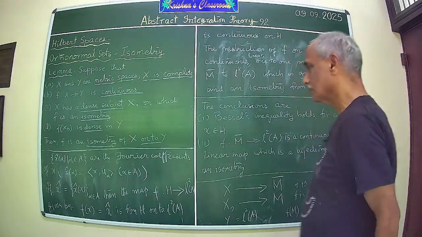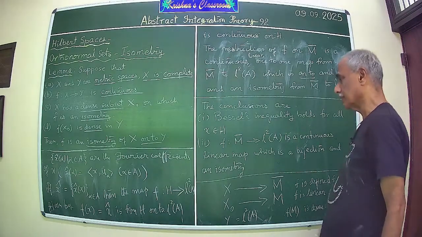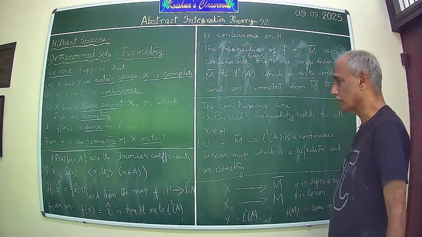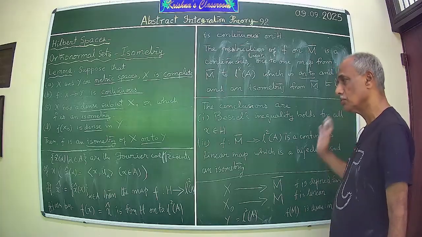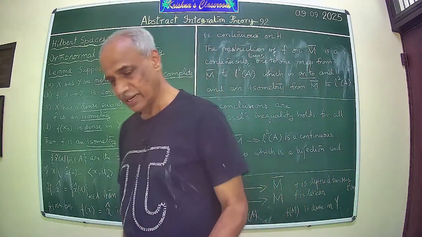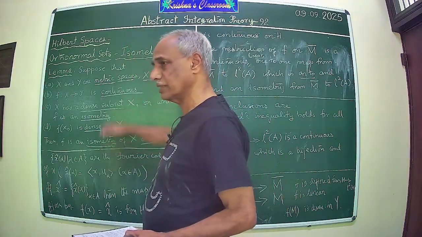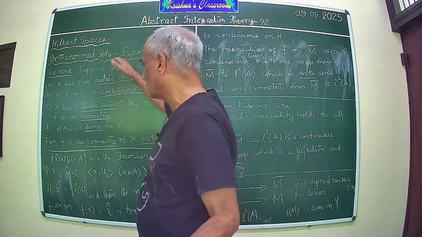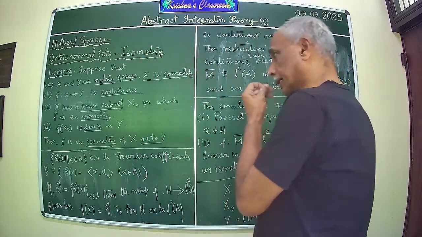And the conclusion that we can draw is that f is an isometry from M closure to L2(A). So that's how we attempt a proof of this. That's how we use this lemma, and this is a far more general result than the one that we are proving in a different context.